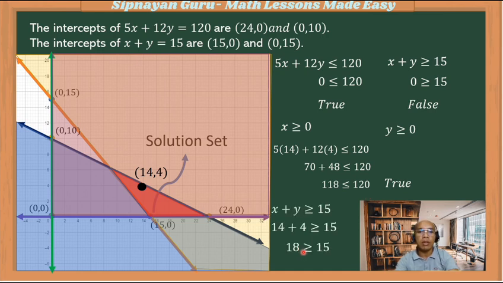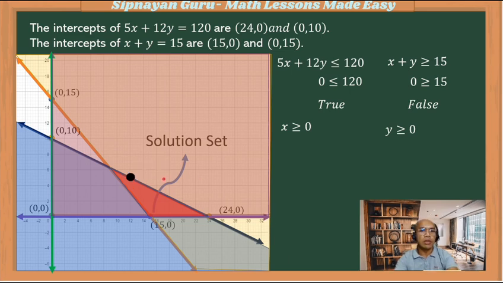So the total number must be greater than or equal to 15. So this is also true. So let's try another point. So this is 12 and 5. Substitute it here. So 5 times 12 plus 12 times 5 less than or equal to 120. 5 times 12 is 60, and this is also 60.